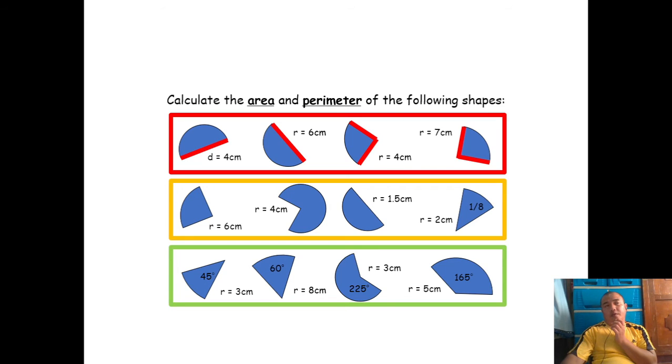Then for the circumference, pi d. Pi d, 4 pi divided by 2, so 2 pi.